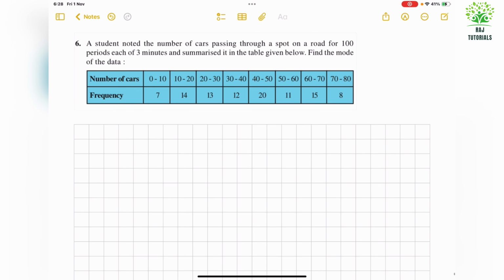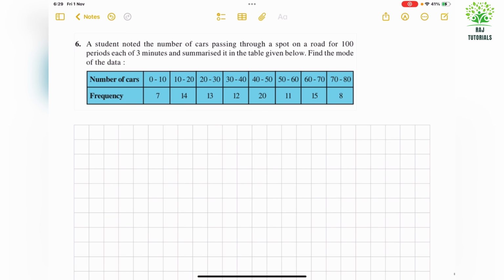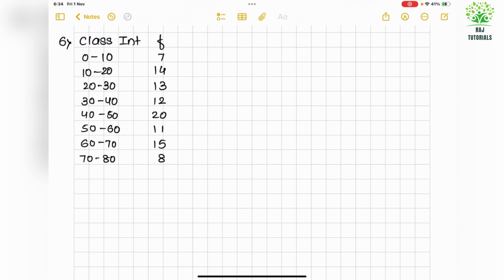Now the next question says a student noted the number of cars passing through a spot on a road for 100 periods, each of 3 minutes, and summarized it in the table given below. Now here the maximum frequency is 20. So the modal class is 40 to 50 with frequency 20.